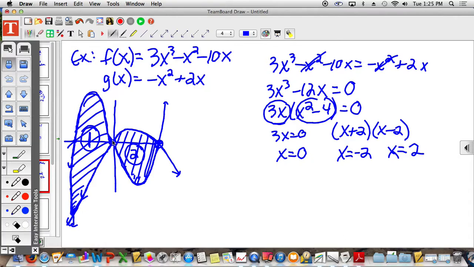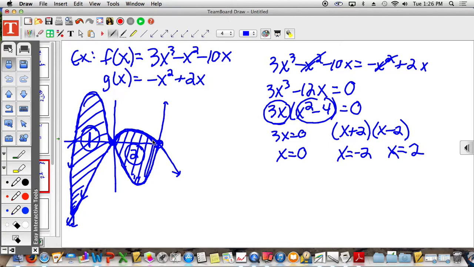But as soon as I get to this point right here, for region 2, now g of x, the parabola, is higher. So we have to calculate two separate integrals. We have to do one integral from -2 to 0, and then another one from 0 to 2. So the area here is going to be, leave yourself room.